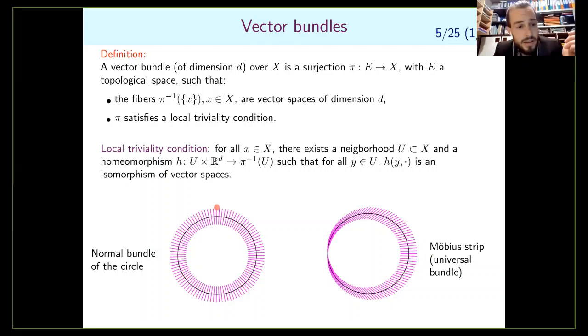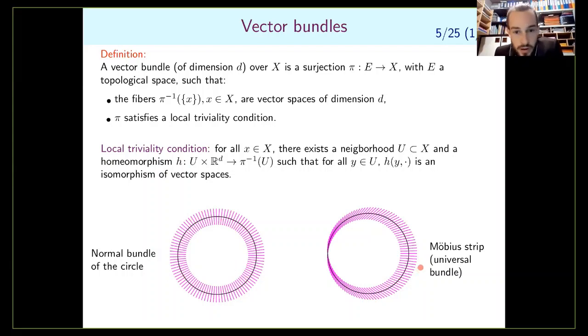Basically, that means that we have a topological space X, here the circle, and on top of each point, we put a vector space. So for instance, the normal bundle of the circle is defined like that. For each point of the circle, you put the normal line. This gives you a vector bundle.